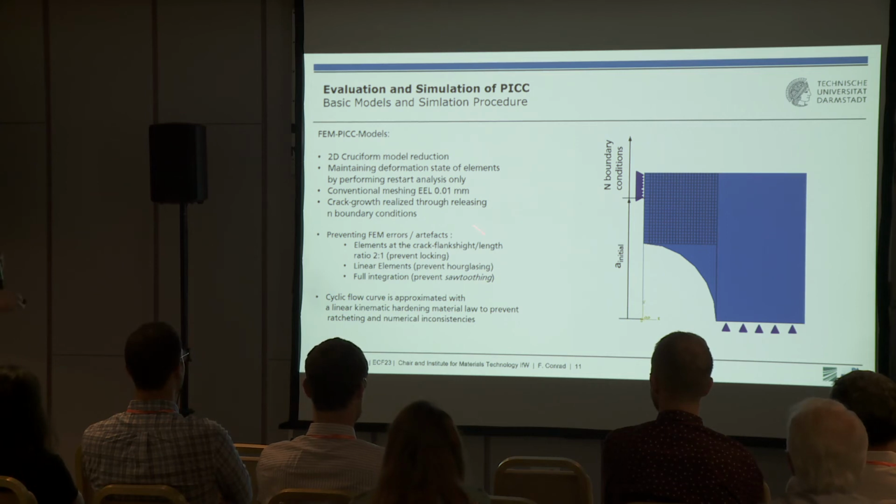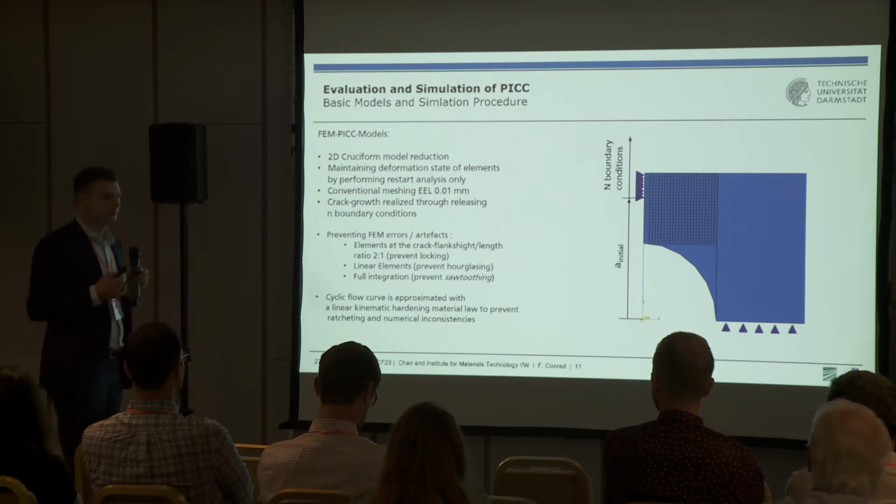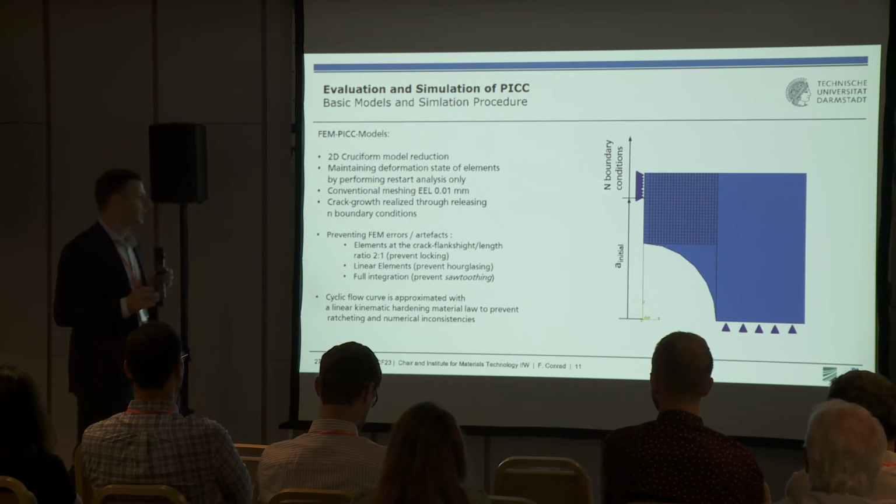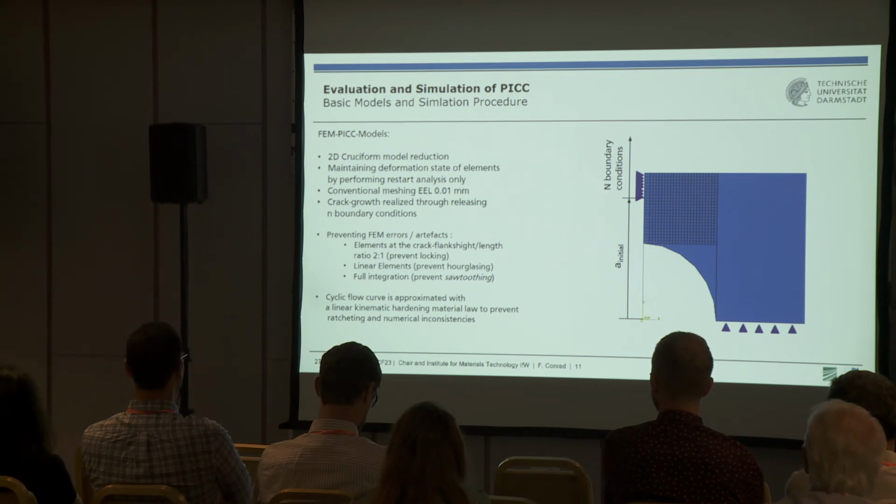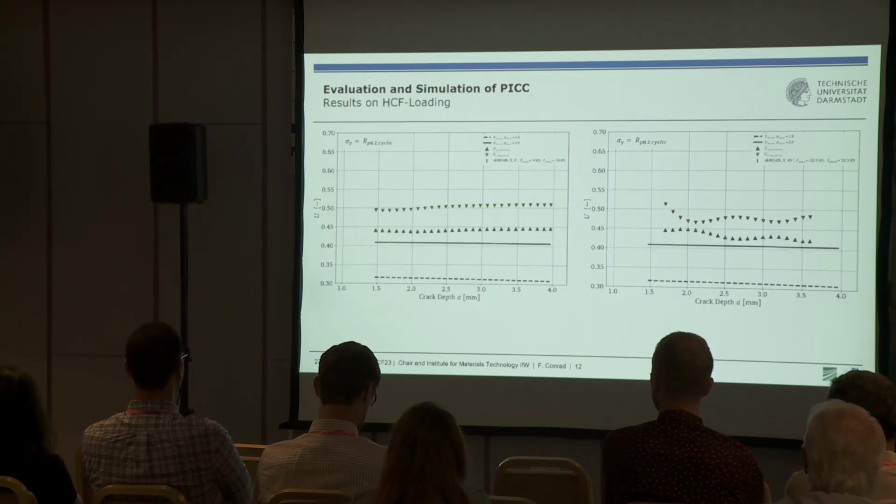So we are also avoiding some errors from FEM regarding locking, hourglassing, and we also use a linear kinematic hardening law here to prevent numerical inconsistencies. So this is our approach, how we simulate that, and we can have a look at the results here.